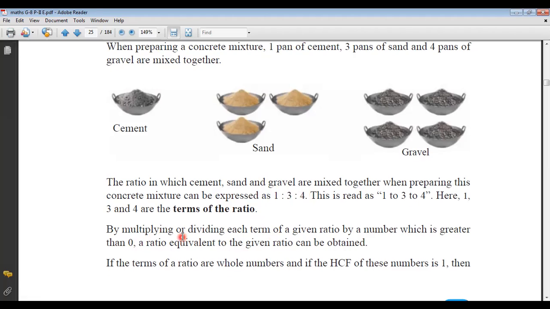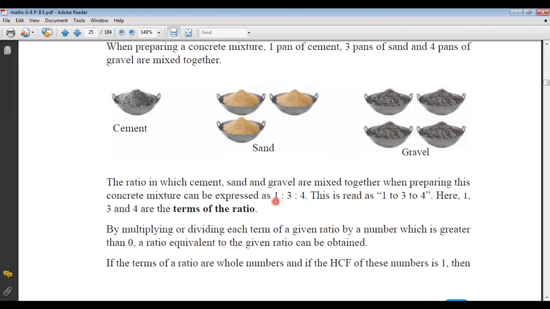By multiplying or dividing each term of a given ratio by a number which is greater than 0, a ratio equivalent to the given ratio can be obtained. Now, when you multiply 1 is to 3 is to 4 by any number or divide by any number, all these numerical values will be equivalent.